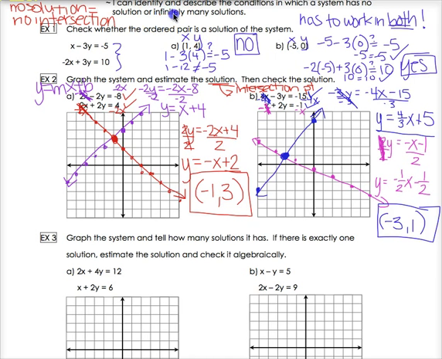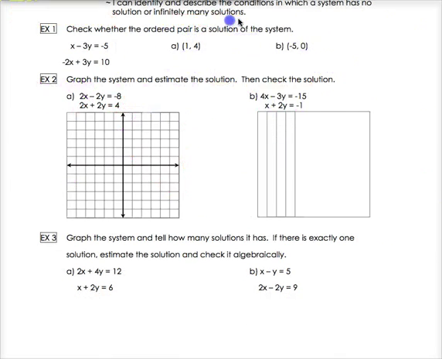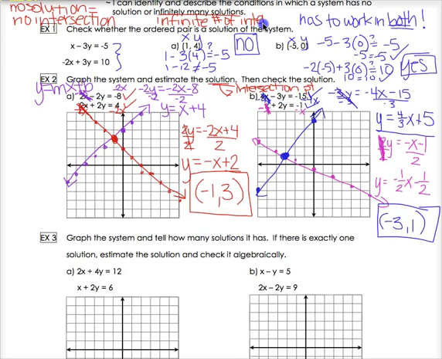Now, infinitely many solutions means there must be an infinite number of intersections. So let's see what those two situations could look like.